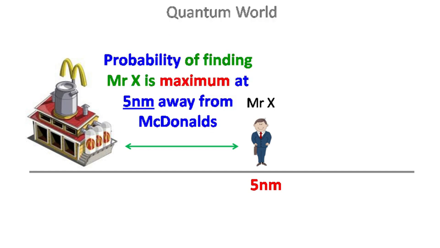So instead of saying Mr. X is located 5 nanometers away from McDonald's, we will have to say the probability of finding Mr. X is maximum 5 nanometers away from McDonald's. However, Mr. X can be present either 3 nanometers or 7 nanometers away from McDonald's. It's just the probability. Now based on this, let's try to understand the quantum tunneling effect.